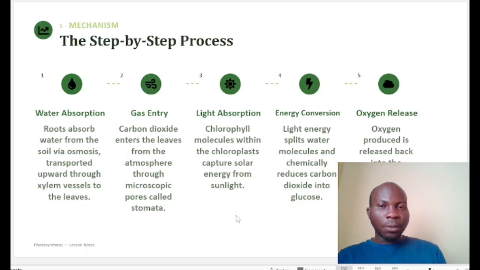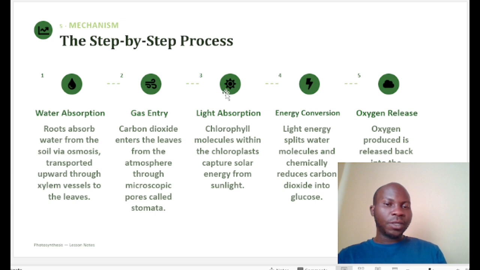Then we come to the mechanism, where we will not talk much here. In step number 1, we have water absorption. The water is absorbed from the soil by root hair. We have gas entry, where carbon dioxide enters through the stomata of the leaf or young stem, where in the young stem the carbon dioxide passes through the plant cell.